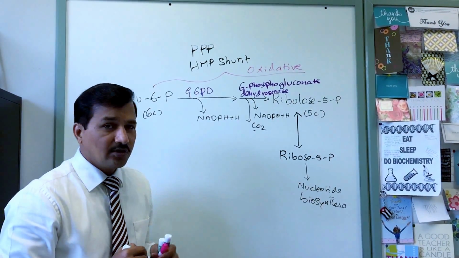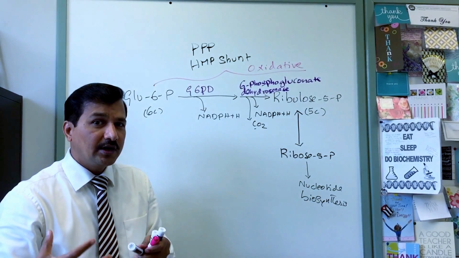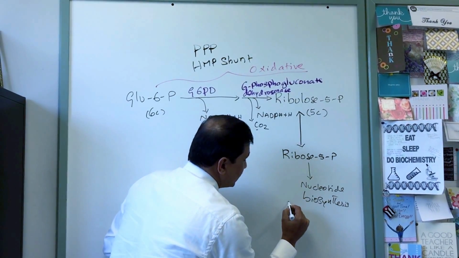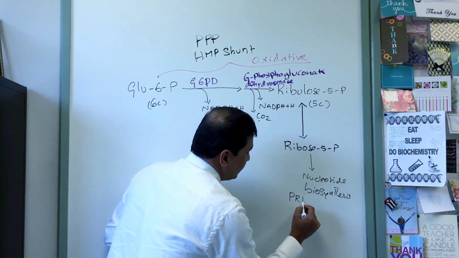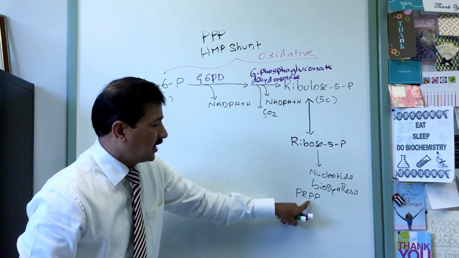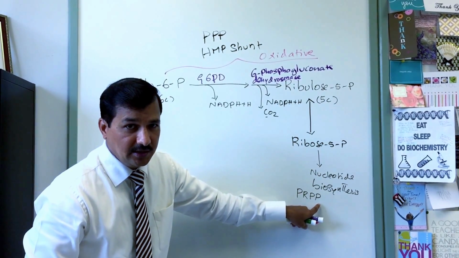How it gets into nucleotide biosynthesis, if you want to know a little more detail: ribose 5-phosphate will be converted to what is called PRPP.